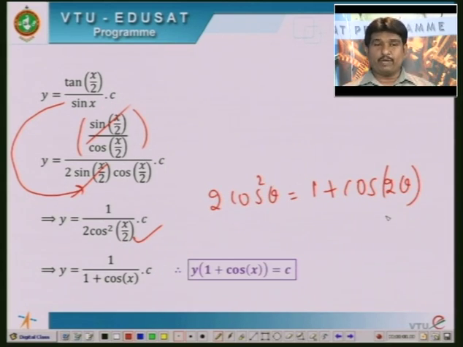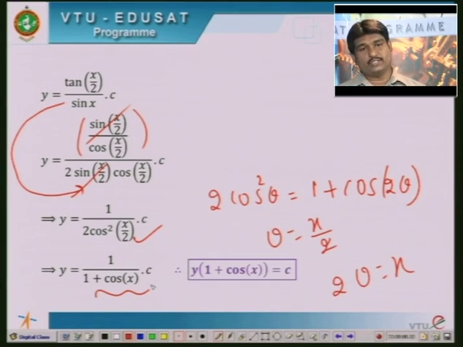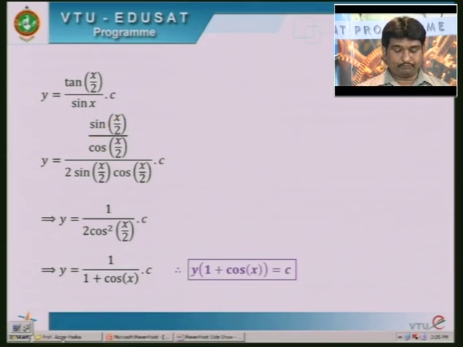Theta is x by 2 here, so 2 theta is x. So 2 cos square x by 2 is 1 plus cos x, into c. Simplify this, cross multiply to get the solution for the first factor: y into (1 plus cos x) equals c.